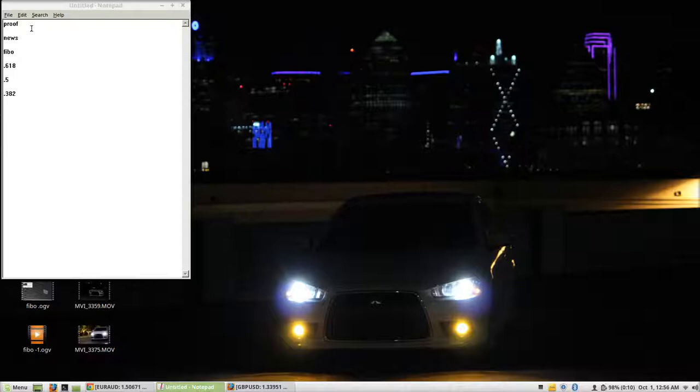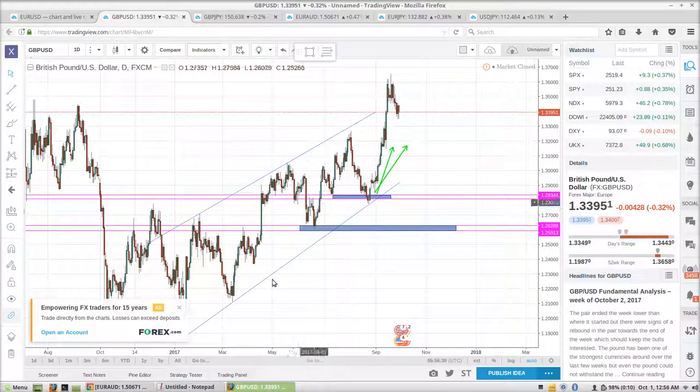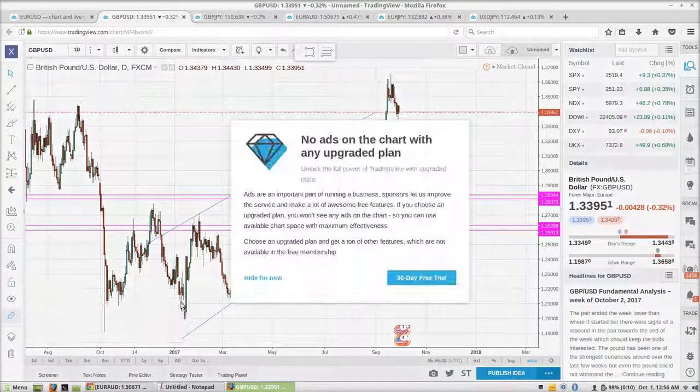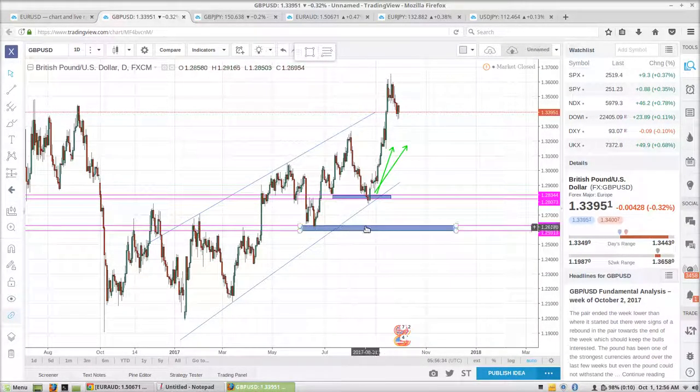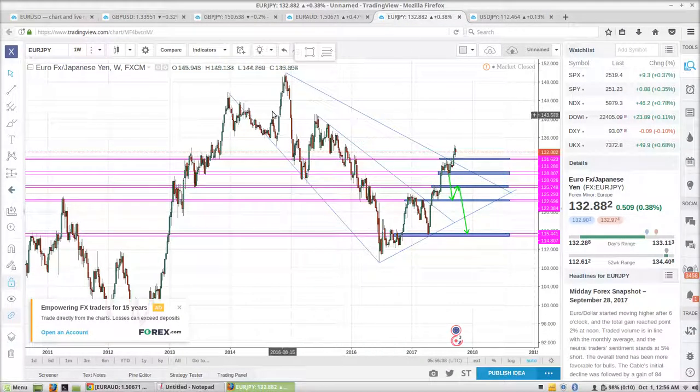Let me begin with the proof. We're going to start with my account, and all this stuff was done maybe 1 to 2 months ago. I'm going to start with Euro JPY, just to prove that sometimes your predictions can go wrong.